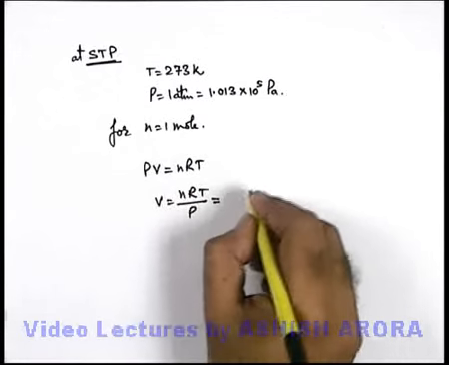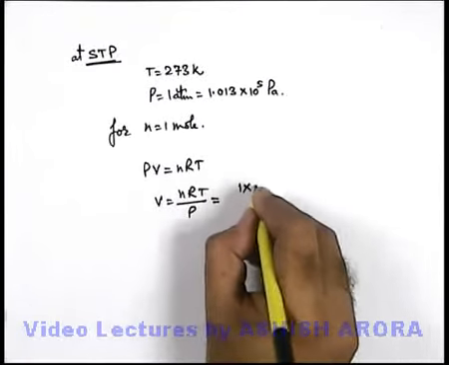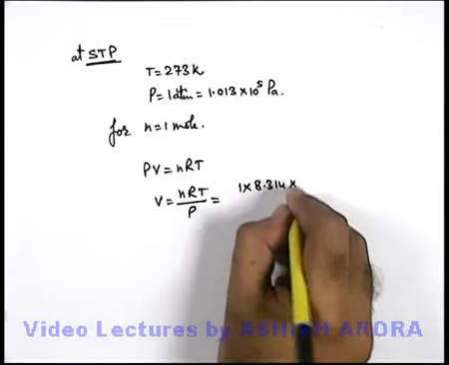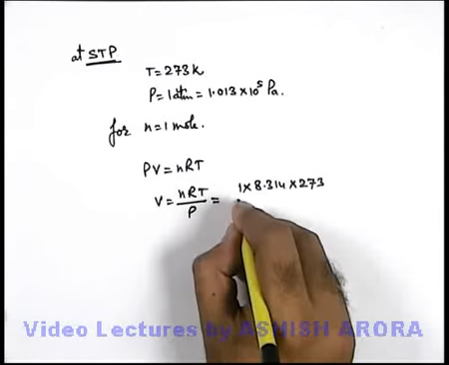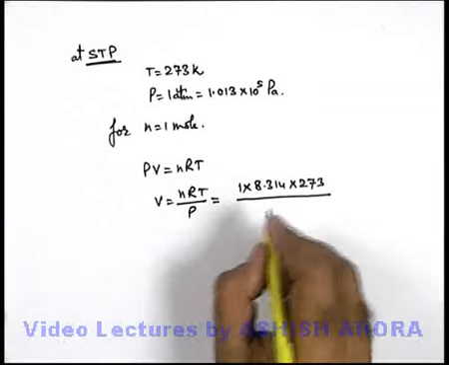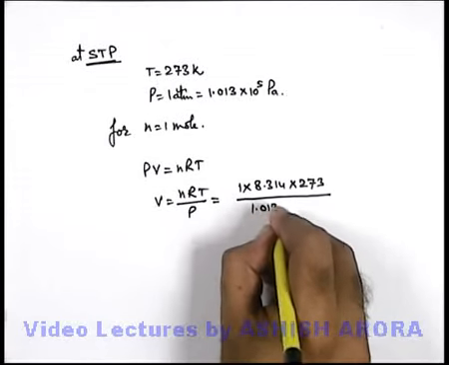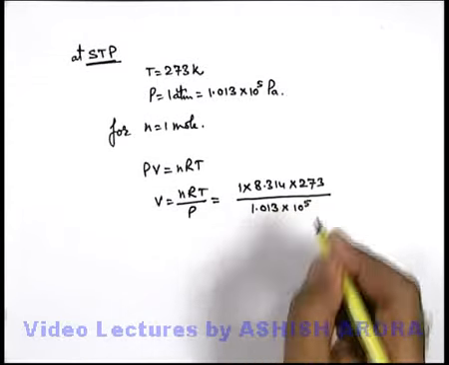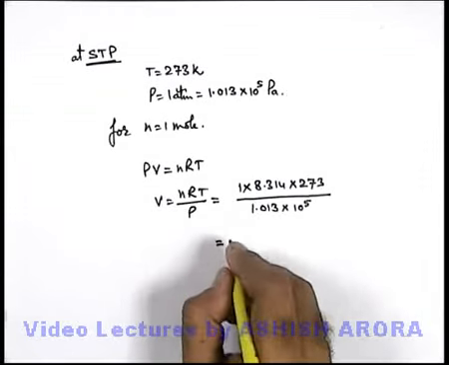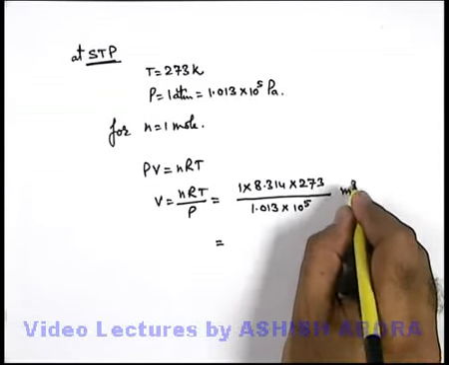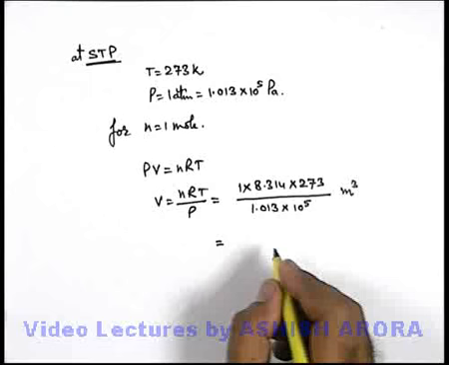When you substitute, it will be 1 into 8.314 multiplied by 273 divided by 1.013 into 10 to the power 5. On calculating, obviously here the unit of volume we are getting will be meter cube.